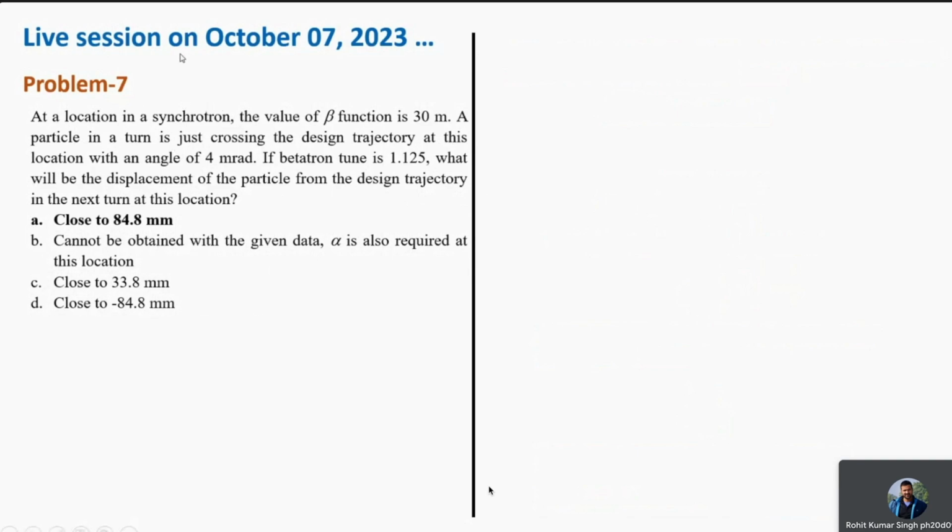And after one turn, when it passes through this point again, what will be the x and x prime? This is asked. And you have been given tune and beta function. So definitely these initial conditions which have been provided, we will use here.